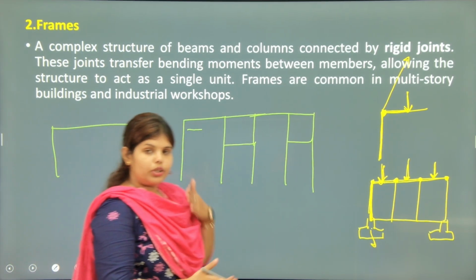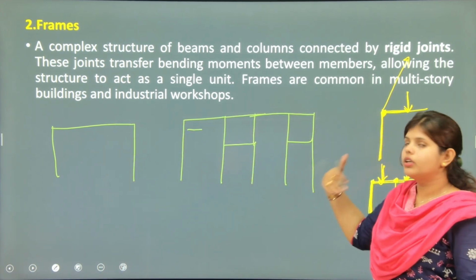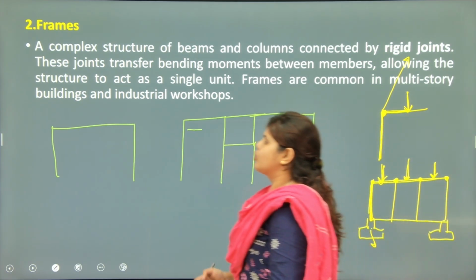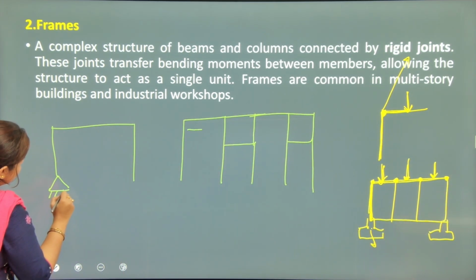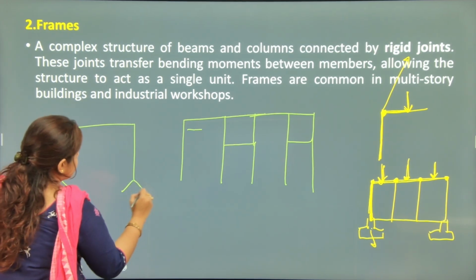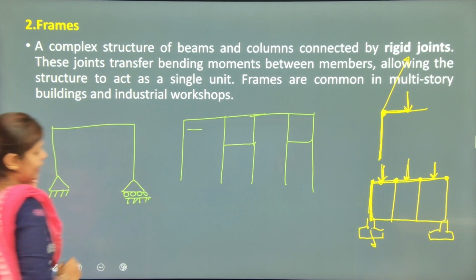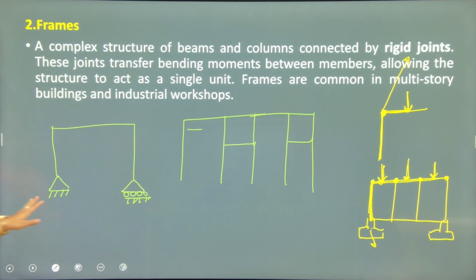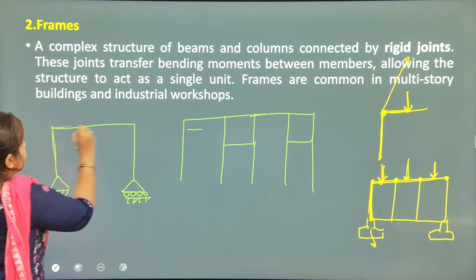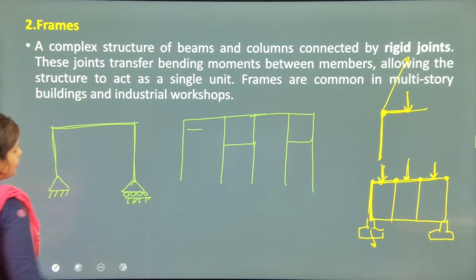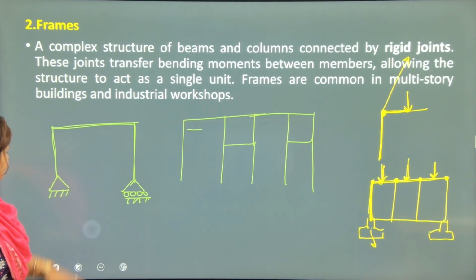But again we will come to the point that any structure needs support. The supports must be a hinge, roller, or fixed. Here you can see that this frame structure has two types of support: one is hinge and another is roller.